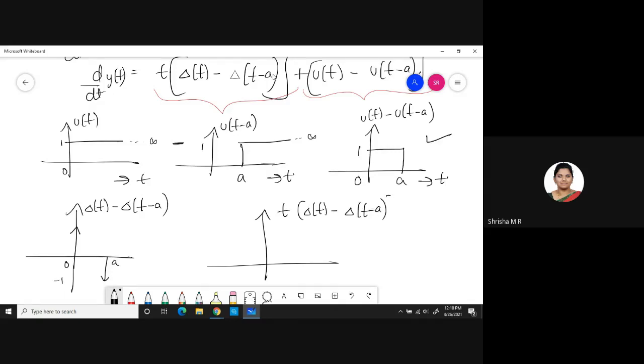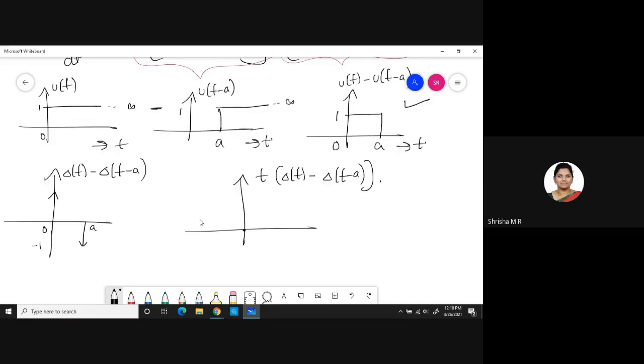How will this look? At t is equal to 0, will your signal be there? If you multiply this with t, 0 into 1, it will be 0 only. Okay? Following? And at a, the signal would be minus a. Got it everyone?